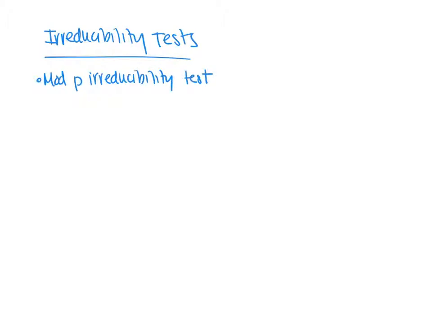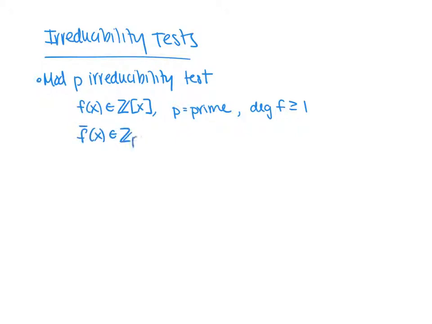It basically says, if you have a polynomial f defined over the integers, and p is a prime number that you've chosen very wisely, and f is not constant, so let's say the degree is at least 1, and you look at the reduction mod p. So this is, again, the polynomial where you just take every coefficient and reduce it mod p.